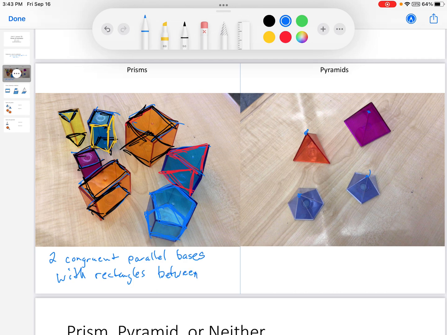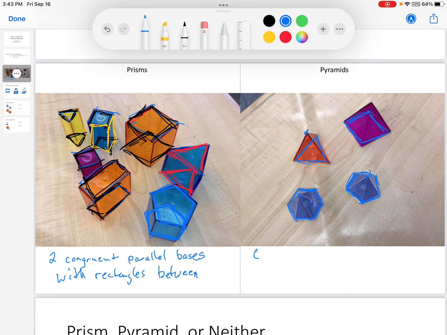Then let's look at pyramids. They do not have two bases, they only have one base. This one has a triangle at the bottom, this one has a square at the bottom, this one, is it a pentagon? Yes, it is. It's a pentagon at the bottom. This one has a hexagon at the bottom.